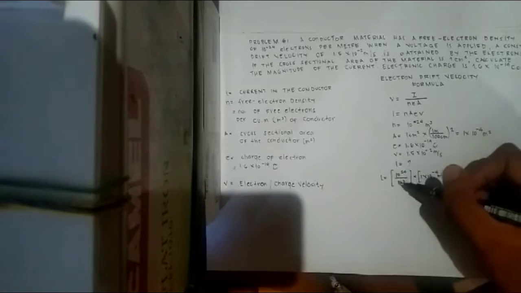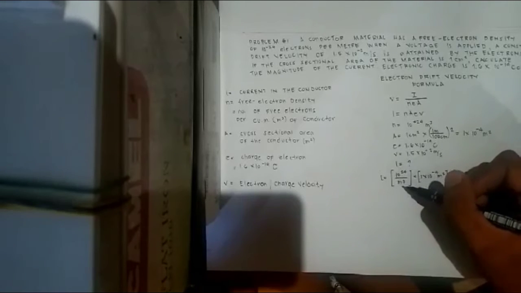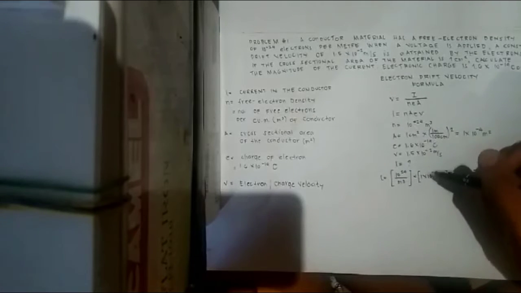Ito yung N natin na 10 raised to 24 meter cube, times natin sa A na 1 times 10 raised to negative 4 square meter, times sa E natin, sa charge of electron na 1.6 times 10 raised to negative 19 coulomb, times sa V natin na 1.5 times 10 raised to negative 2 meter per second.